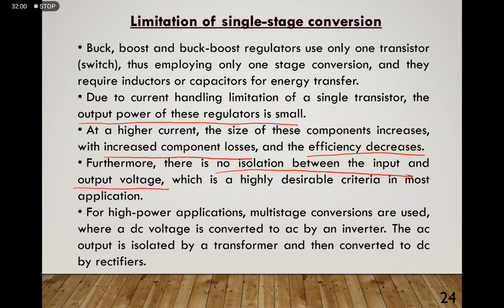We need to have isolation in this converter. Okay, so for high power application, normally we will use multi conversion, whereby we have more than one active switch in the circuit, so that current handling will be better and the isolation will also be protected.